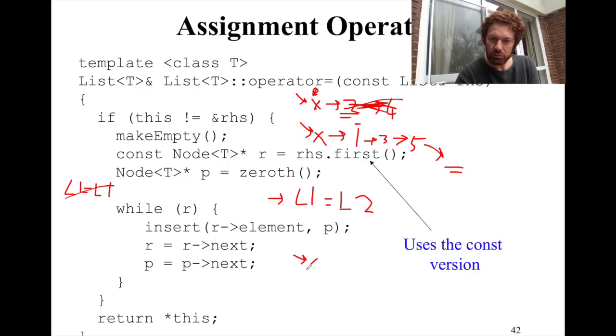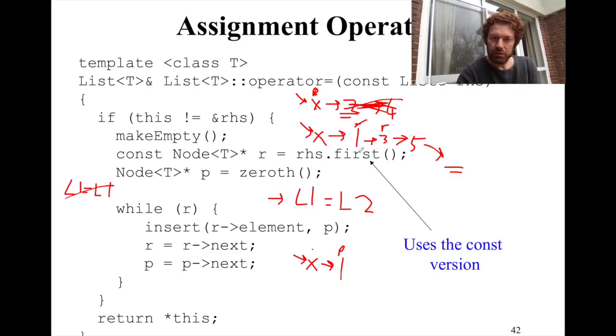This is L1, so this is X. Initial P is this. So insert 1 after X. So now this is L1, X and 1. Now do the advance. P was this, advance P here. And R was this, advance R here.